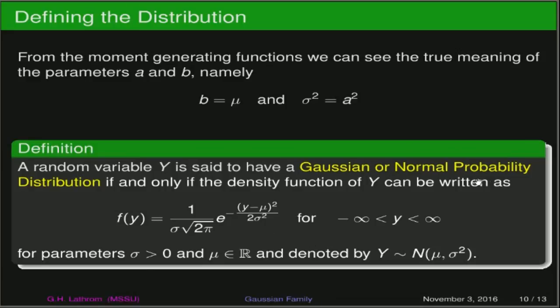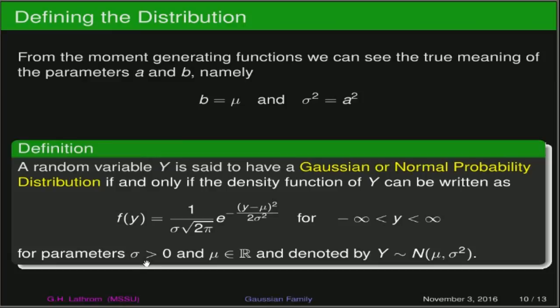Now, a random variable y is said to have a Gaussian distribution if and only if the density function of y can be written in this form. So we've got this extra value of 2 in here. You'll see why that shows up in a little while, maybe. And so 1 over sigma times the square root of 2 pi, e to the minus (y minus mu) quantity squared over 2 sigma squared, is the PDF for our Gaussian family of distributions.